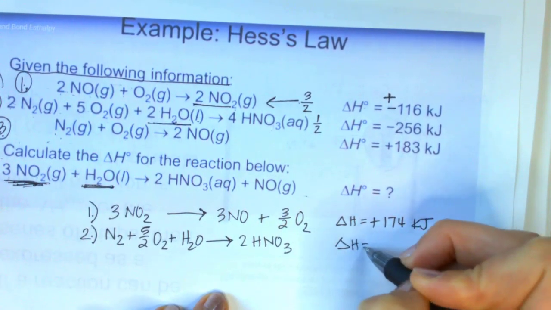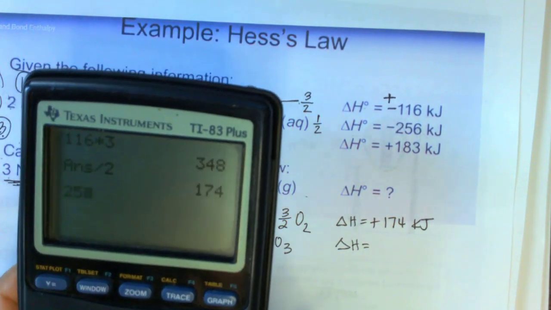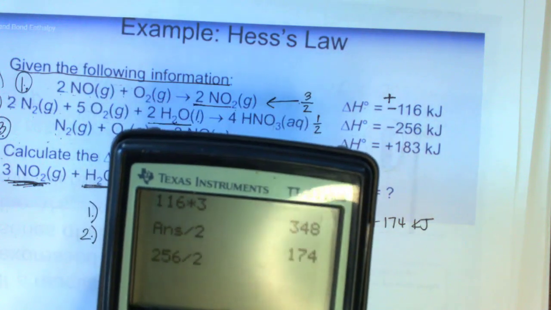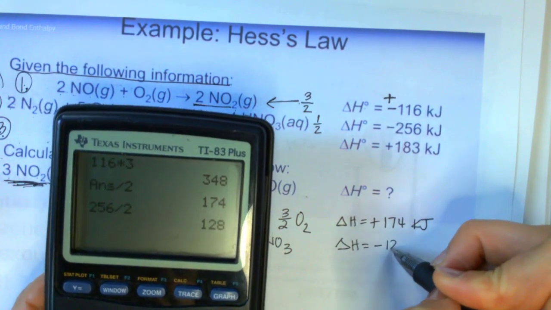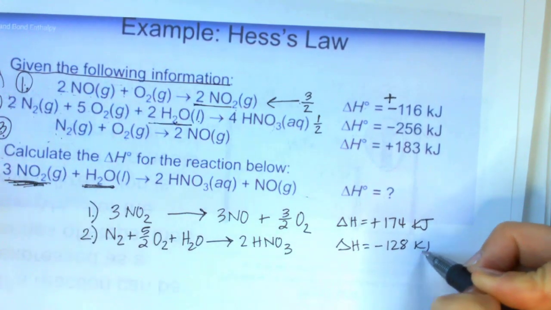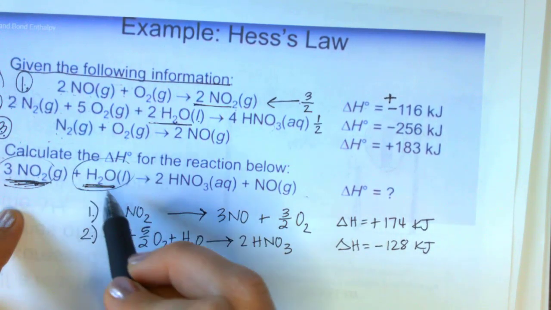And then delta H, if we cut that in half, would be 256 divided by 2. It's still negative. We didn't flip the sign, so it's negative 128. Okay, so we've got this good, we've got that good.